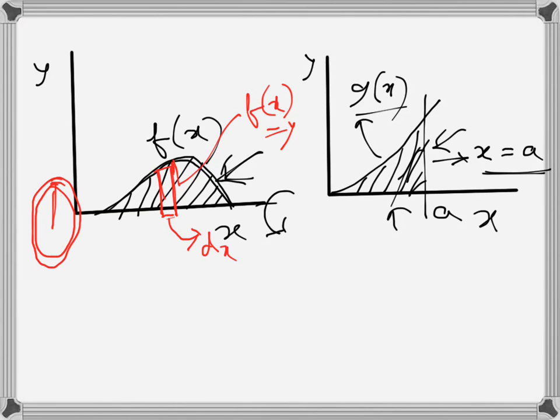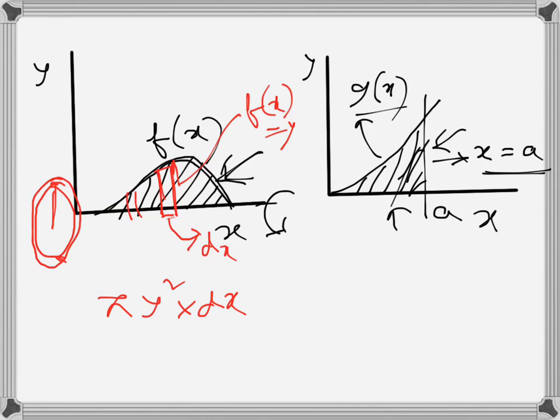So the surface area of the circular disk will be pi y squared, because that's the area of the circle, and the width of that disk is dx. So to find the volume of that disk, we multiply by dx. This is the volume of just one arbitrary disk.